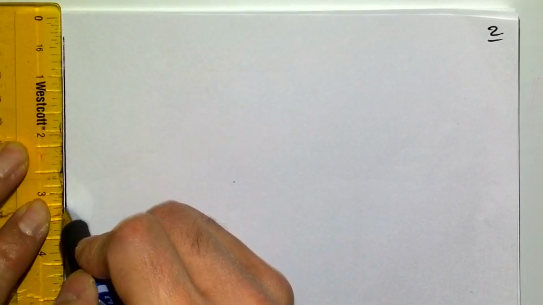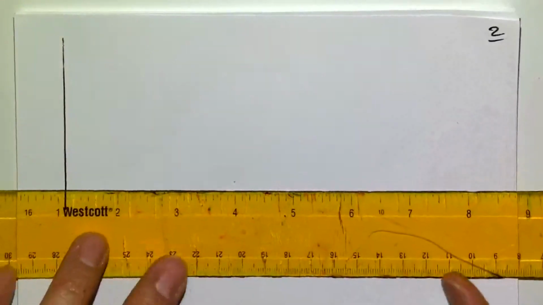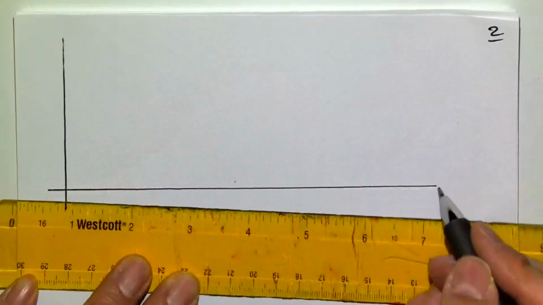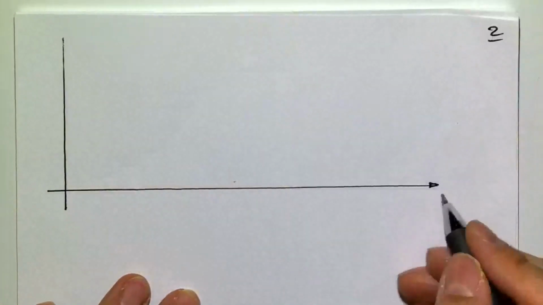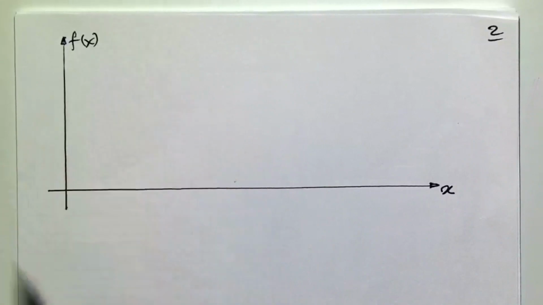So let's draw another picture here. Something like this. Like this, and then f of x.